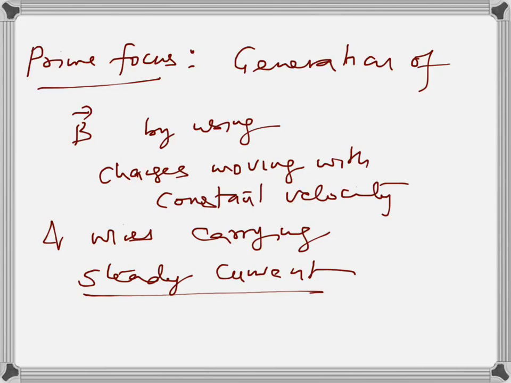Either you can take a charge, but it should be moving with constant velocity, or you can take a wire which is carrying current, but the current should be steady, fixed. So that is our prime focus.